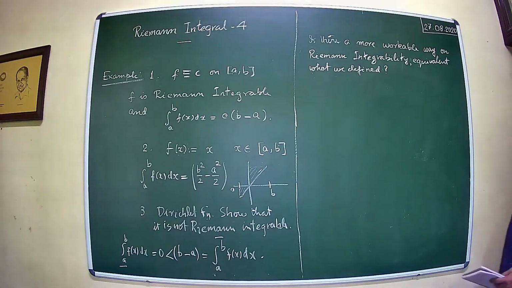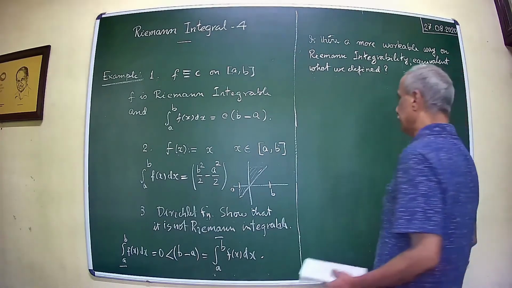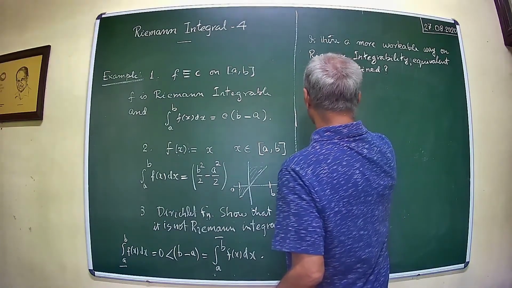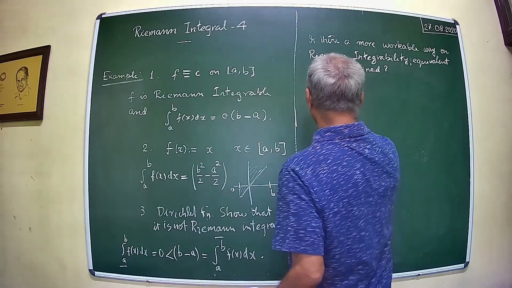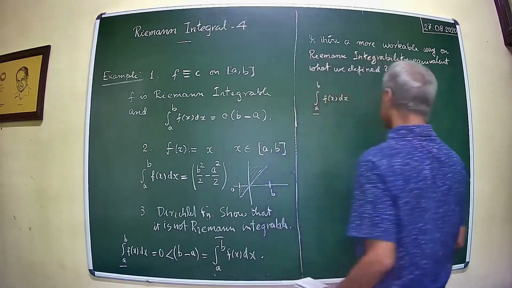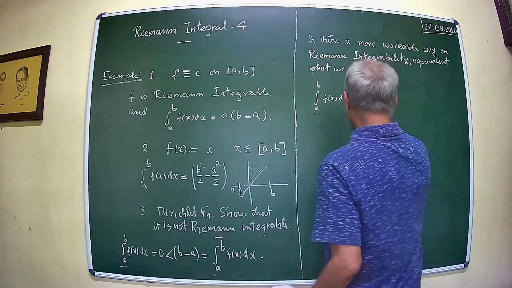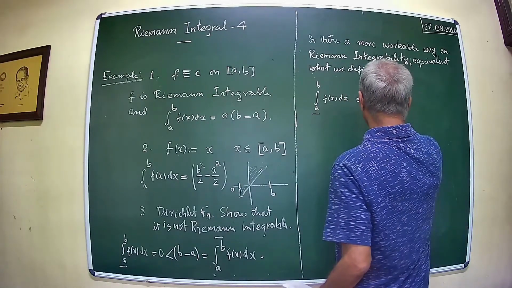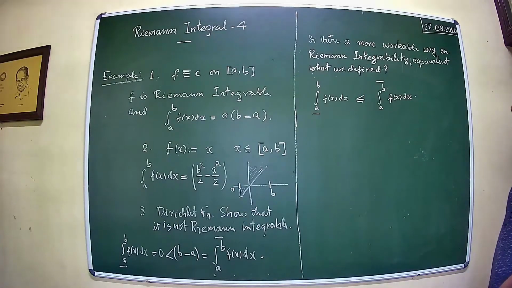You see, if you explore this, this is something that we had. We had integral a to b. You take the lower integral of f(x) dx, which is less than or equal to the upper integral.